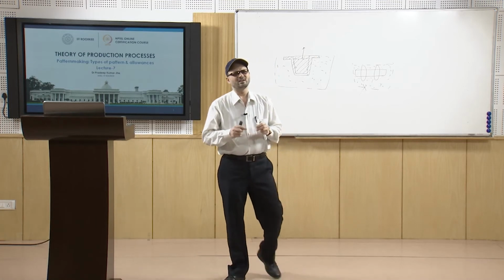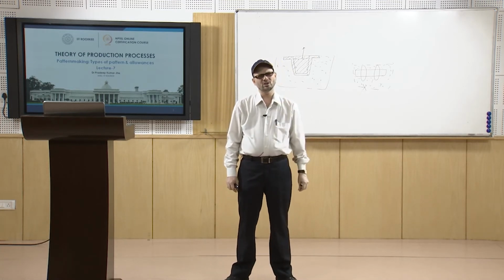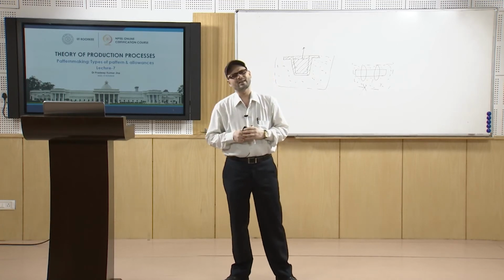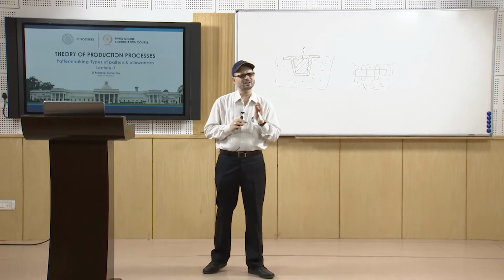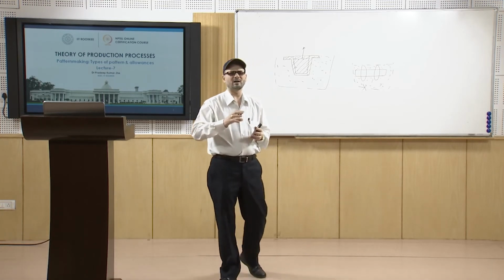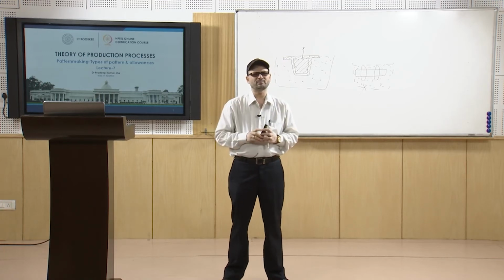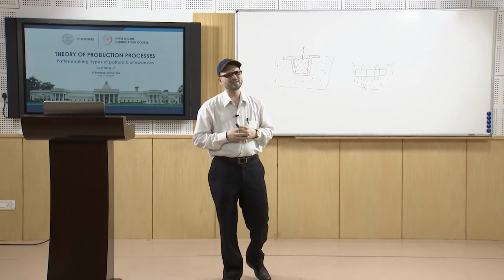Again, depending upon the kind of molding process used or the accuracy required for the surface finish, you have to remove material at least from the top surface and get a desired surface finish.